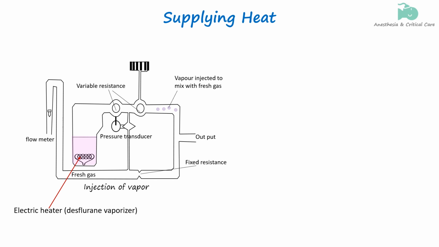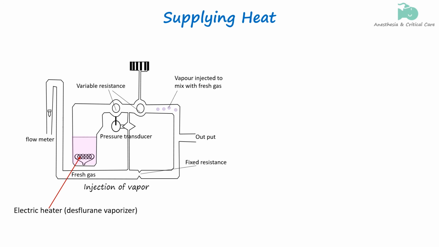The other method of thermal compensation is by supplying heat to the vaporizer. The Datex-Ohmeda Tech 6 vaporizer is specifically designed for Desflurane, an anesthetic agent with a high vapor pressure that is highly sensitive to temperature fluctuations.